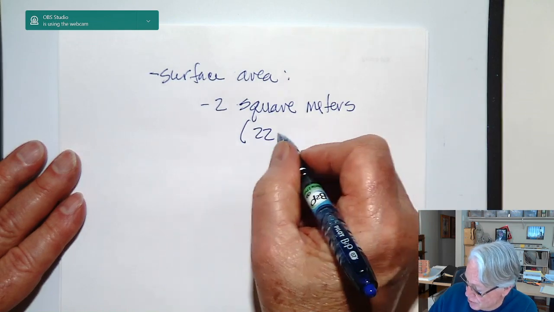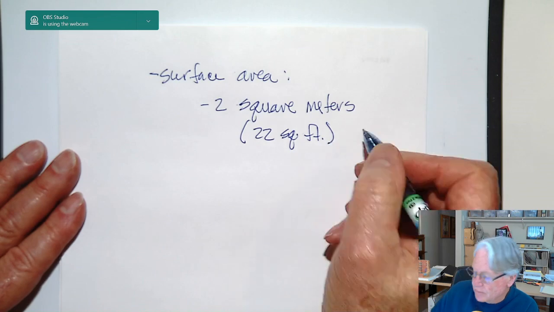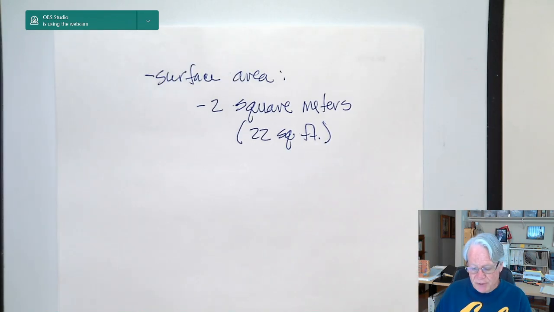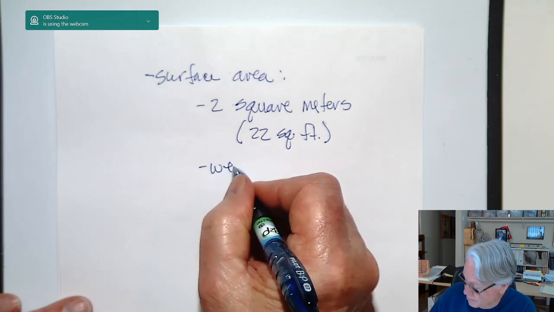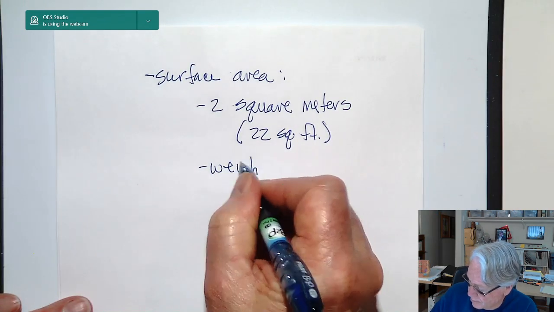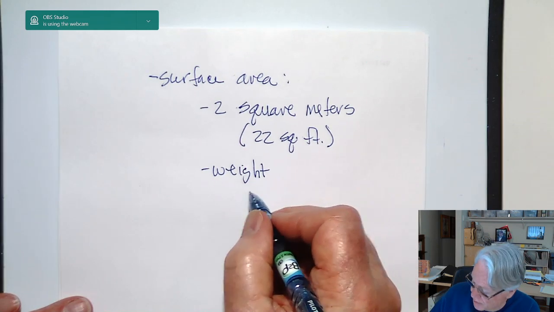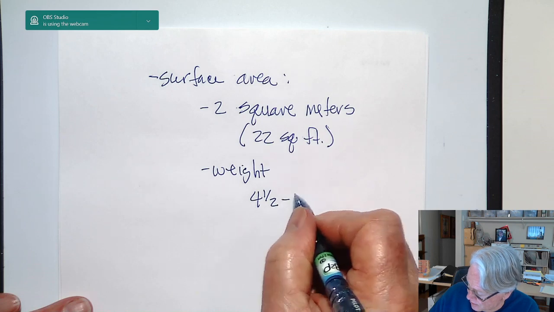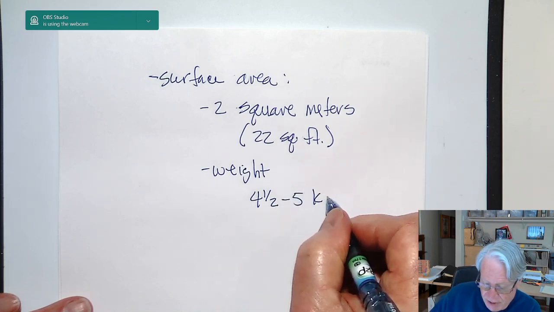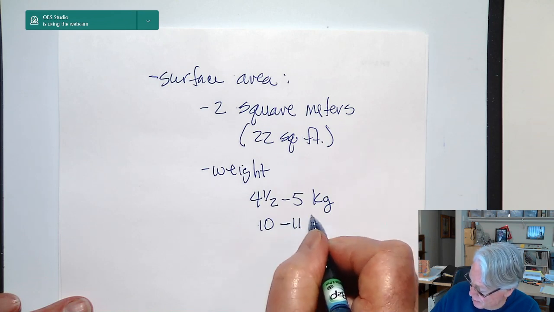That's about 22 square feet. It's a pretty large surface area. Right? It weighs in around 4.5 to 5 kilograms, which is around 10 to 11 pounds.